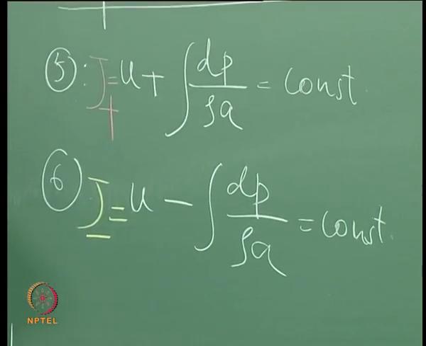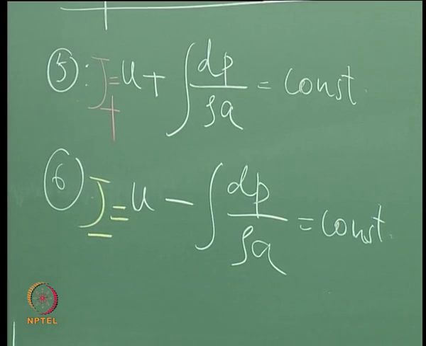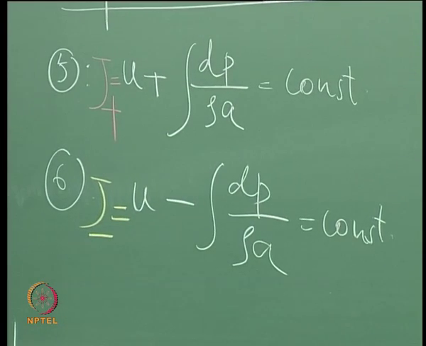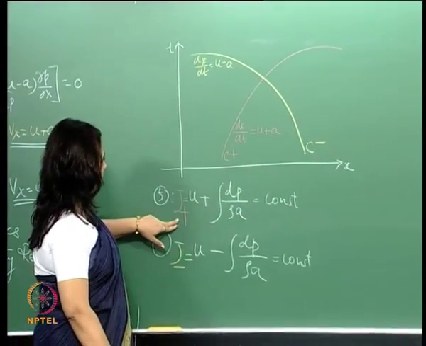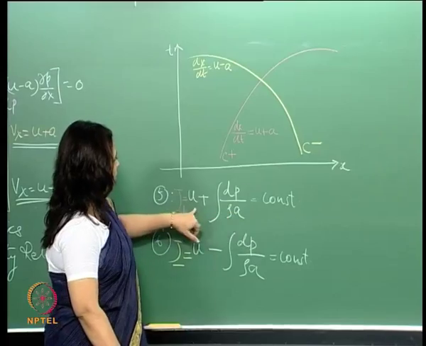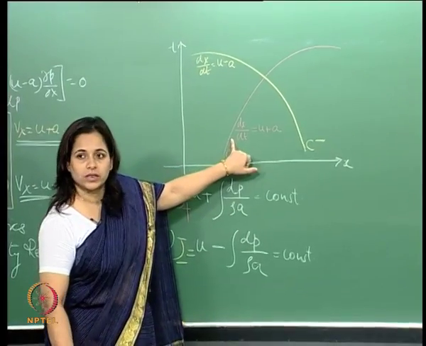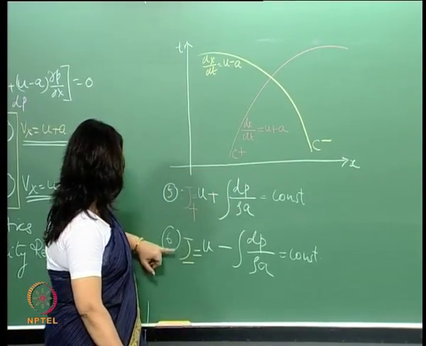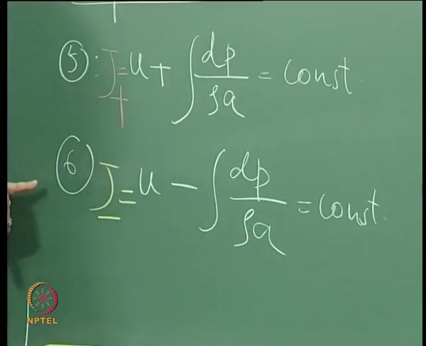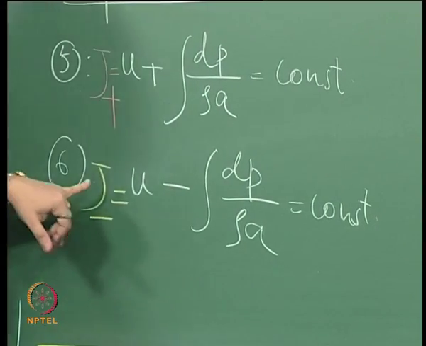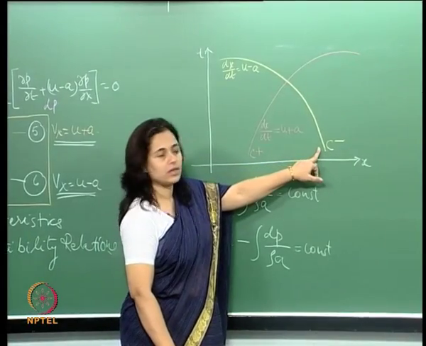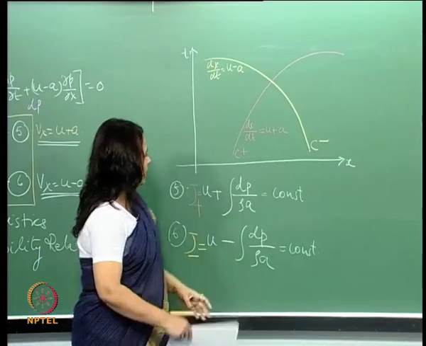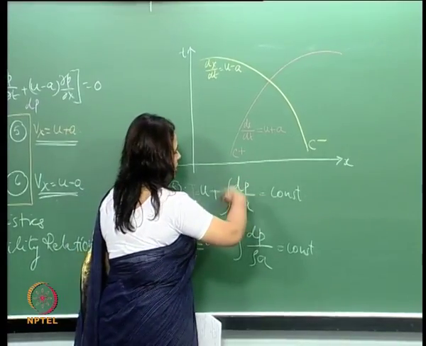Essentially you can see what we're doing. This integral, J plus, is constant over the C plus characteristic, and J minus, which we got from integrating equation 6, is the integral which is constant over the C minus characteristics.